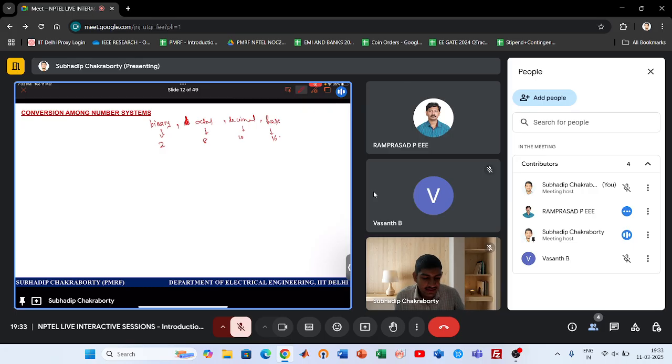If someone gives you a hexadecimal number and asks you to convert it into binary, you should be able to do that, because it is very frequently needed while coding, when you go from one language to another. The hex encoding which you use in the microcontroller, you may need to shift to binary, or again decode from binary back to decimal.